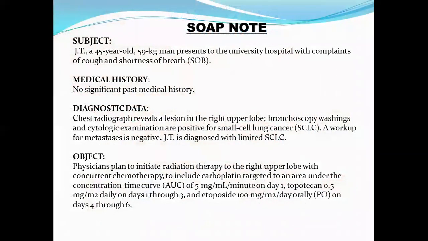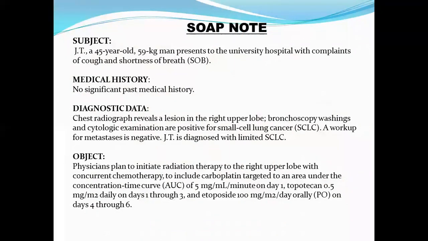SOAP note. The subject GT, a 45-year-old 59 kg man, presents to University Hospital with complaint of cough and shortness of breath, and there is no past medical history. The diagnostic data shows the chest radiograph reveals a lesion in the right upper lobe.